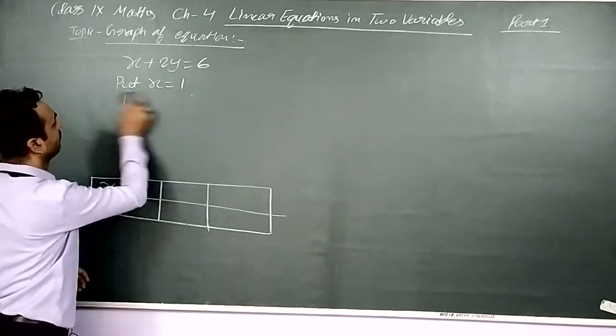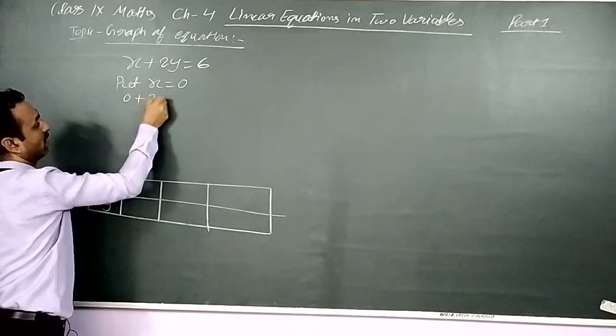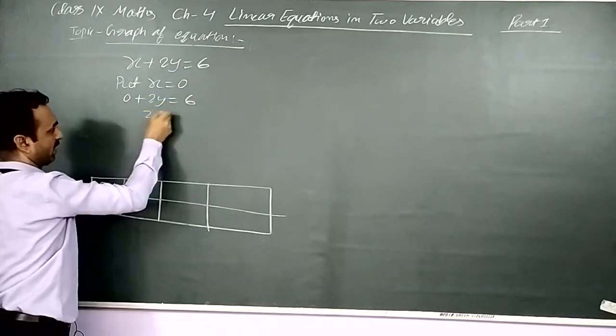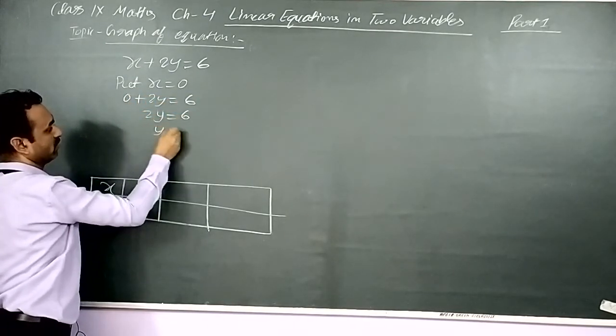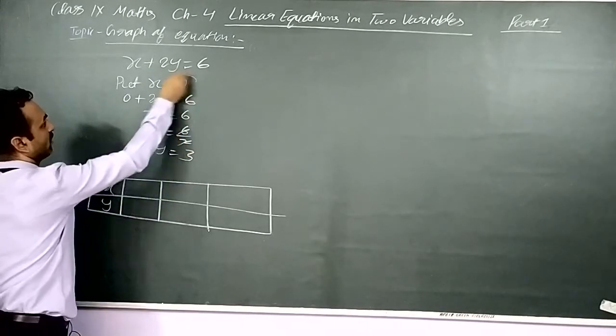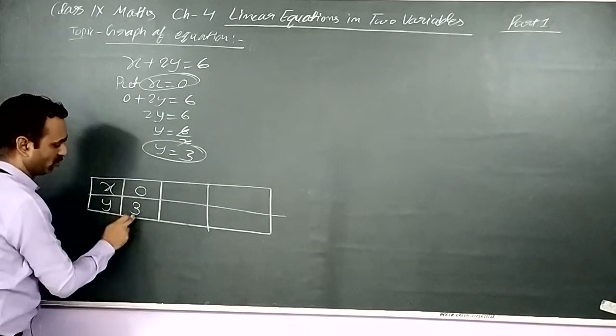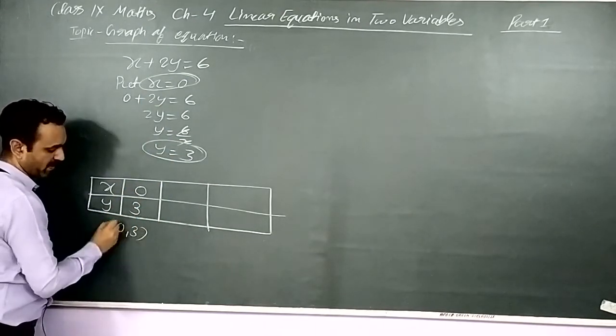So another value we will put here. Let's say 0. So 0 plus 2y equals to 6. 2y equals to 6. y equals to 6 upon 2, 3. So when you put x equals to 0, you get y equals to 3. So (0, 3) is a point.